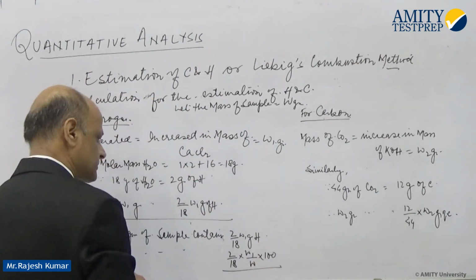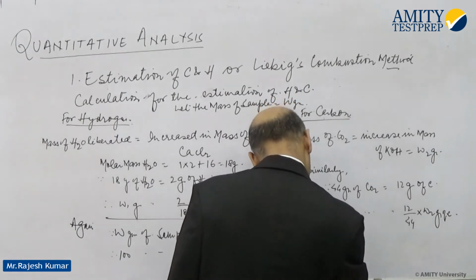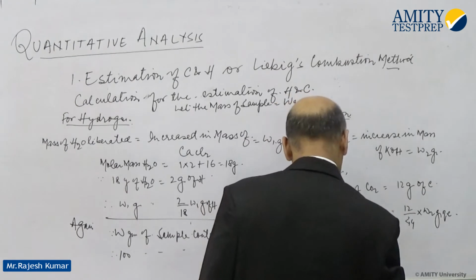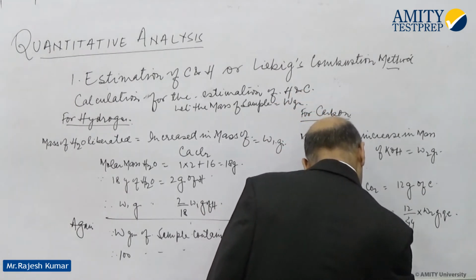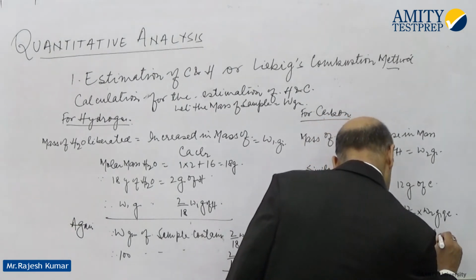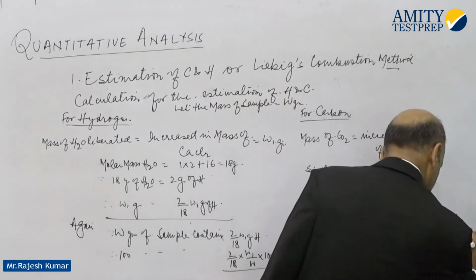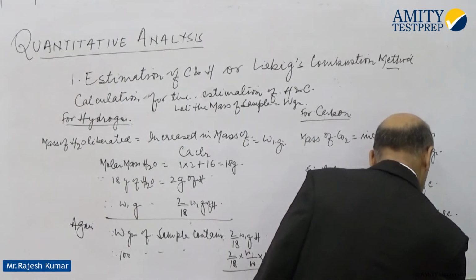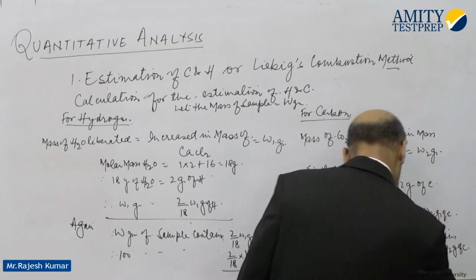This is the total percentage. Similarly, W gram of sample contains 12 by 44 into W2 gram of carbon.